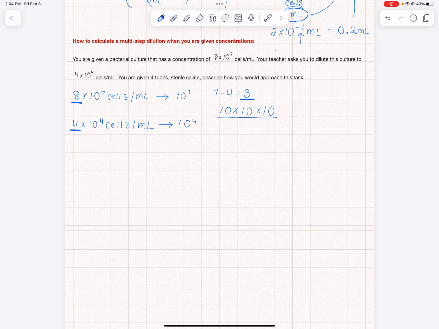So what I'm going to do here is figure out how much I would need to change my culture in order to get the actual concentration that we want. Because if we were to just do 3 10-fold dilutions, the number that we would end up getting to would just be 8 times 10 to the 4th cells per mil.